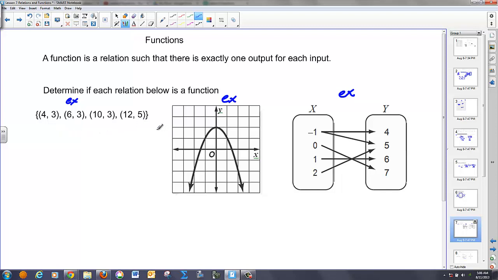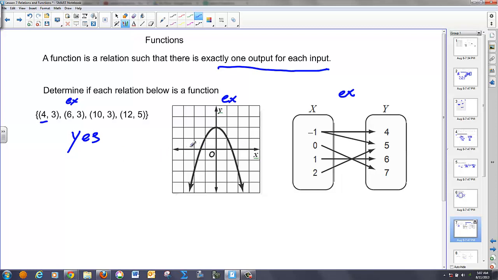Notice I said yes to all these, but I have 3 of the outputs being the same. But notice what the definition says. For each input, there's exactly one output. So there's only one input of 4 and only one output for that input. So this is a function.